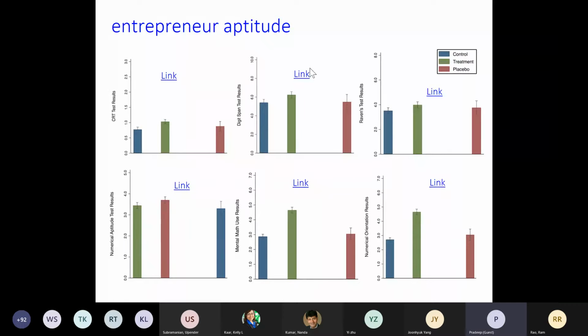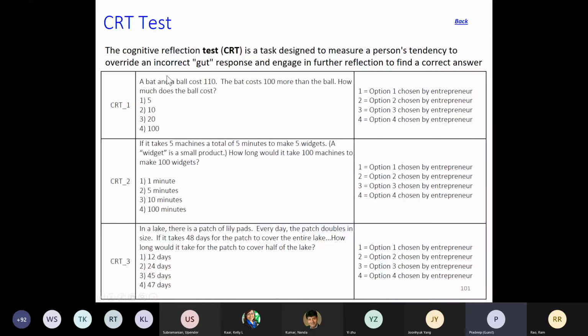Okay. So on the y-axis here are various tests that these folks undertook. This one over here stands for the cognitive reflection task, or the CRT test. So what is the cognitive reflection task? It essentially asks the entrepreneur to go through a bunch of questions, and many of us have encountered these questions.